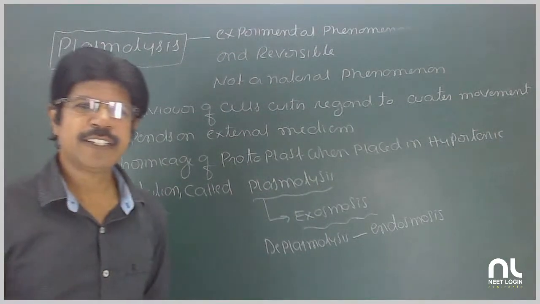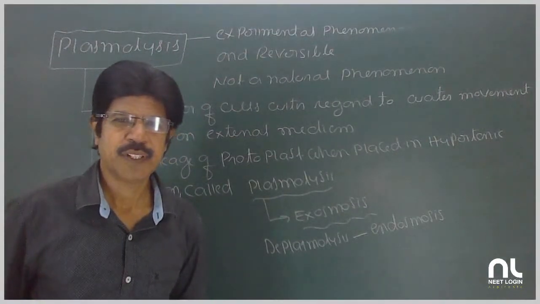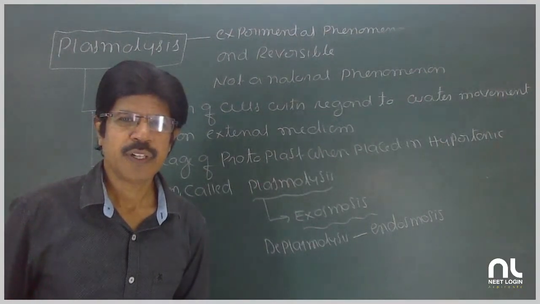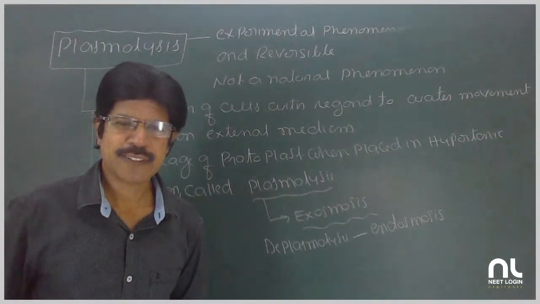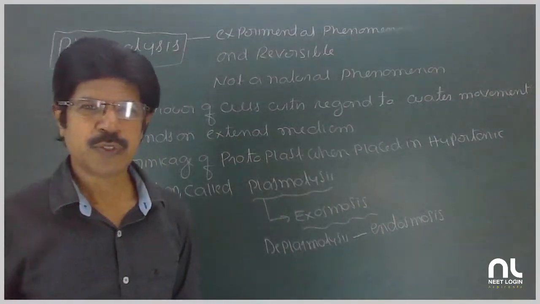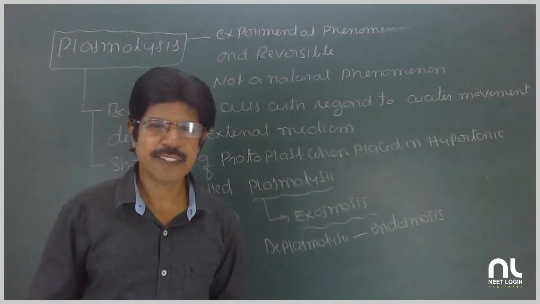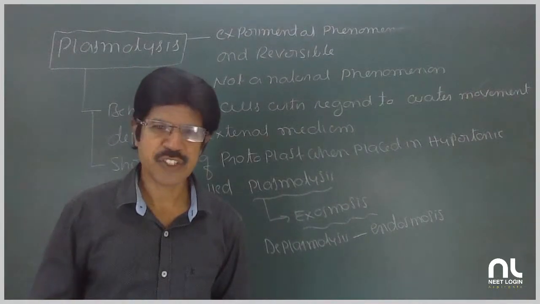In a plasmolyzed cell, there is no pressure potential. If you take a volleyball and remove the air from it, it is not inflated, so there is no pressure potential. If you press from the top, a depression is going to be made. So it is not a turgid condition.